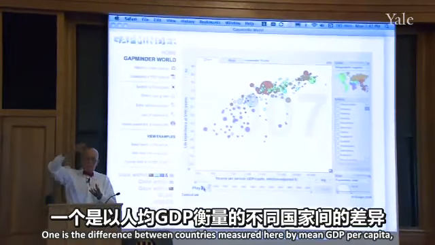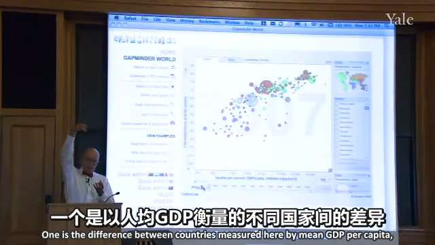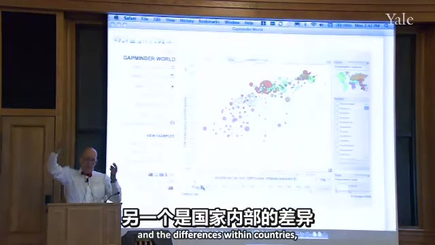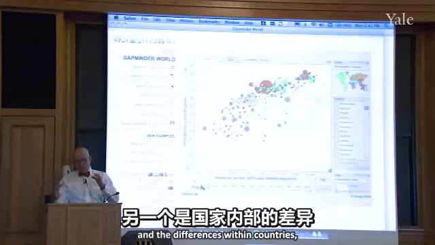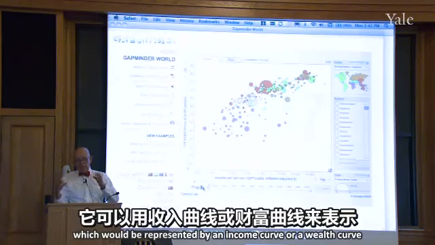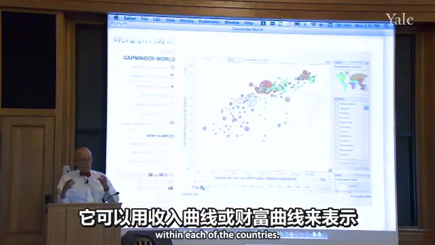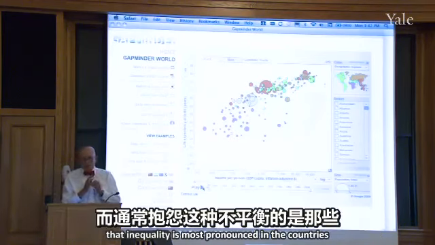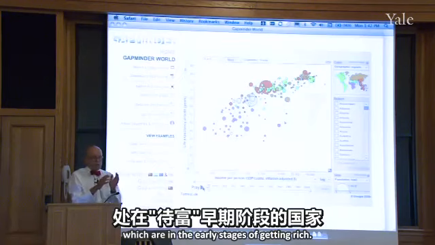One is the difference between countries, measured here by mean GDP per capita, and the differences within countries, which would be represented by an income curve or a wealth curve within each of the countries. And it turns out that there's quite a lot of inequality inside the bubbles, and that inequality is most pronounced in the countries which are in the early stages of getting rich.